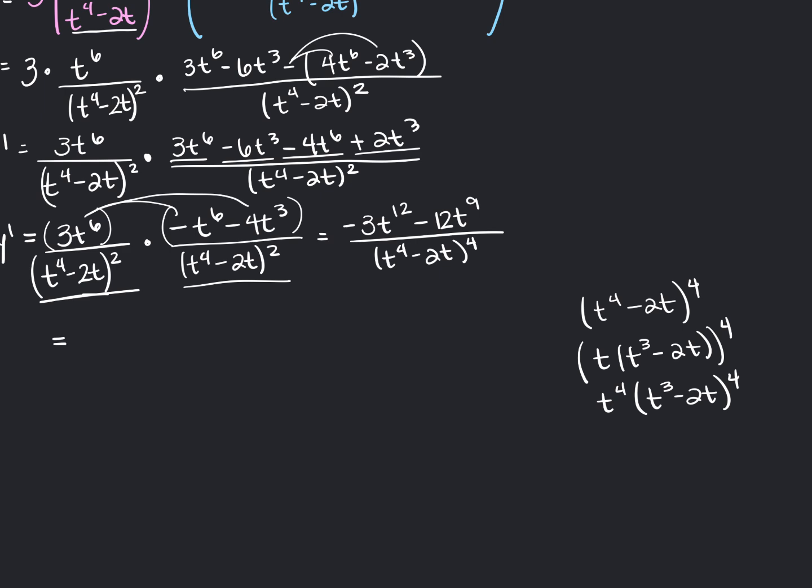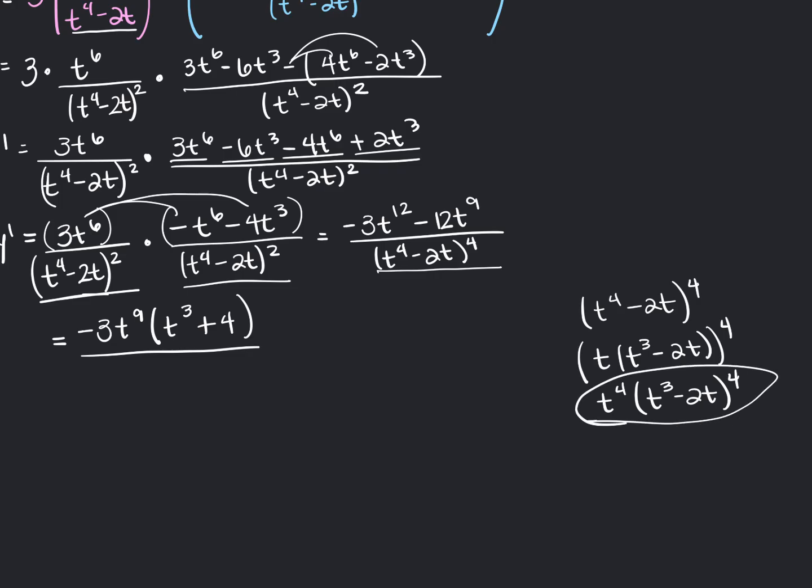So what that means is in my numerator, I can actually factor out a negative 3t to the 9th, and that's going to give me a t cubed plus 4. And in the denominator, I'm going to rewrite my t to the 4th minus 2t to the power of 4 the way I have here. So I'm going to have t to the 4th times t cubed minus 2t to the power of 4.